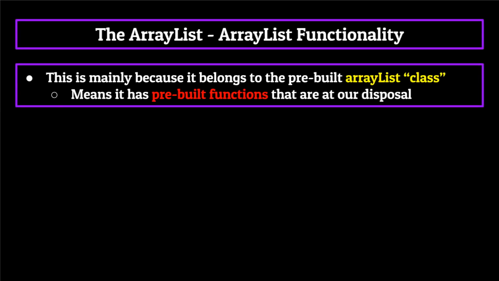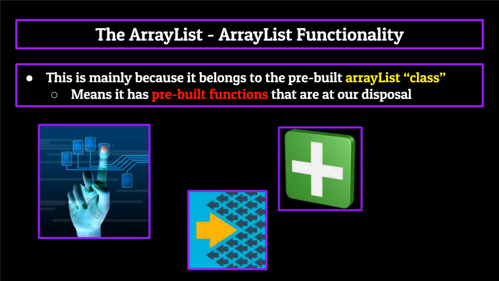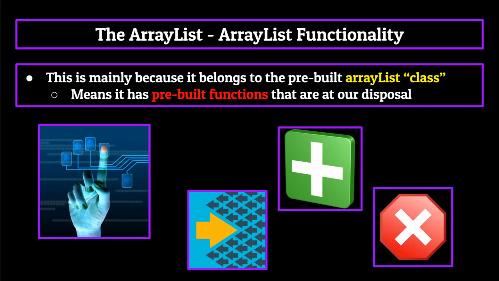The fact that the ArrayList belongs to a class means it's going to come with pre-built functions that are already at our disposal from the moment we define and instantiate an ArrayList. More specifically, the ArrayList comes with methods we can use to access, change, add to, or delete from it easily.